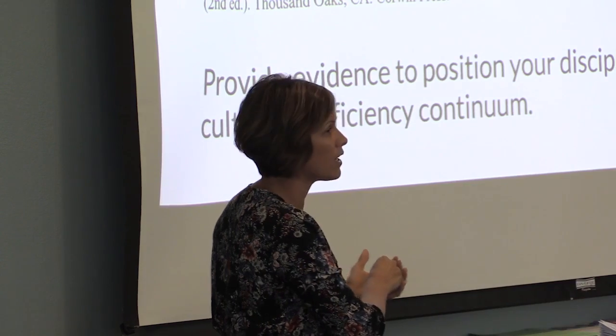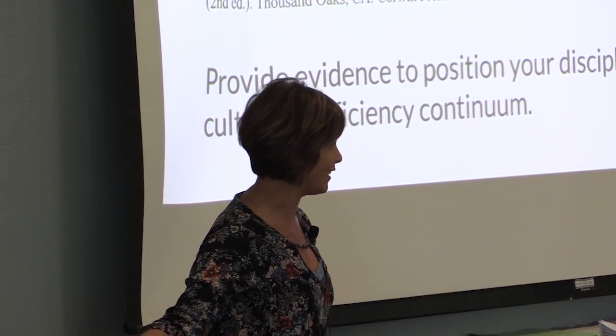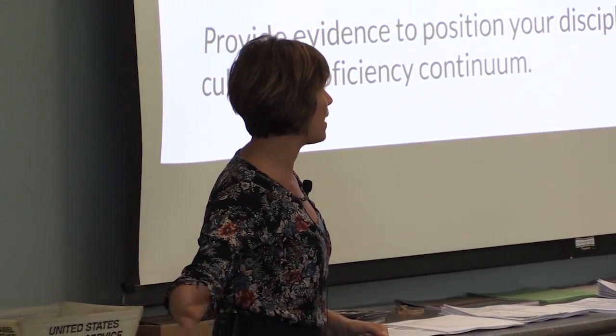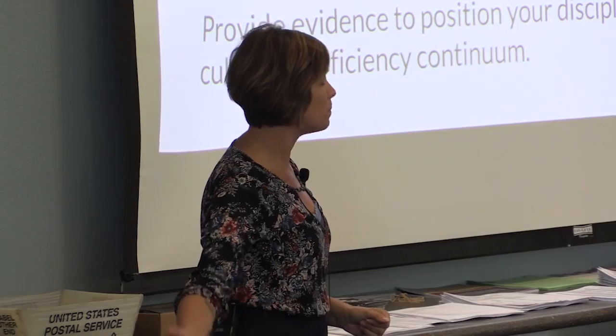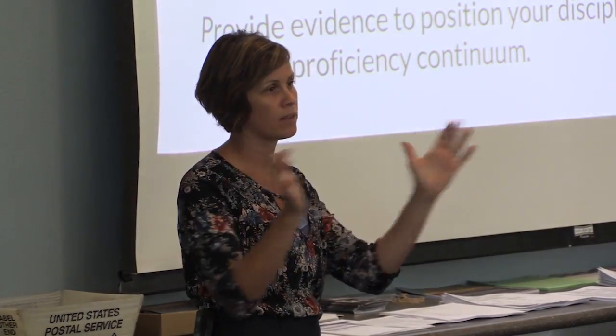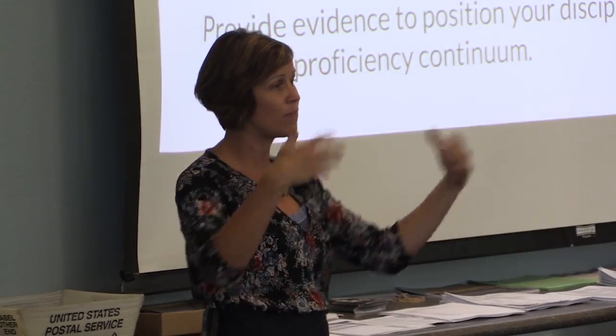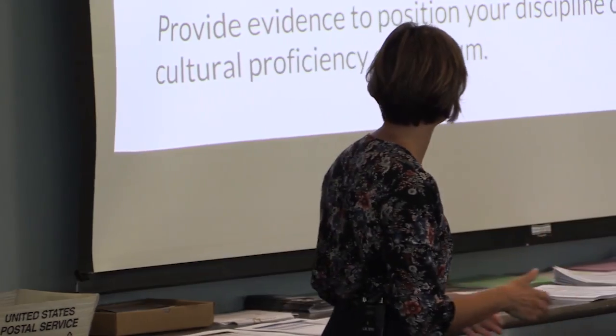I don't want you to talk about how your colleague rates on this proficiency continuum. We're talking about mathematics and English, because there's probably some bias in those fields where we're not where we want to be on the culturally proficient continuum. In fashion, think about where we actually are in our field.